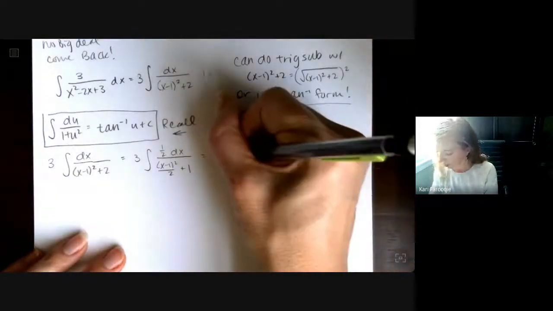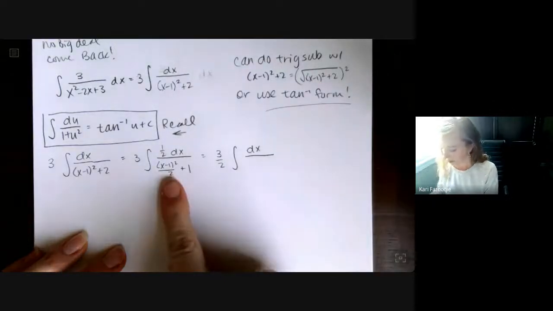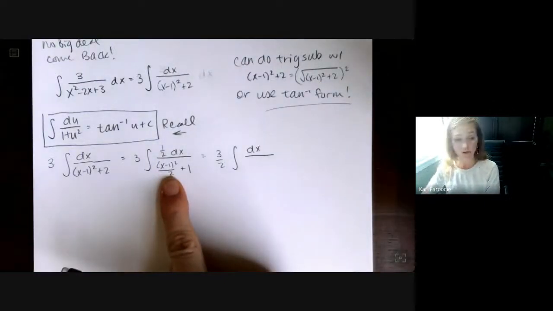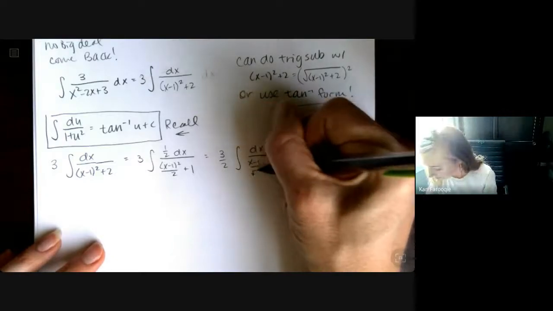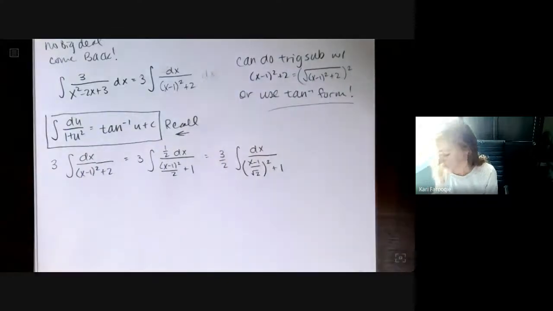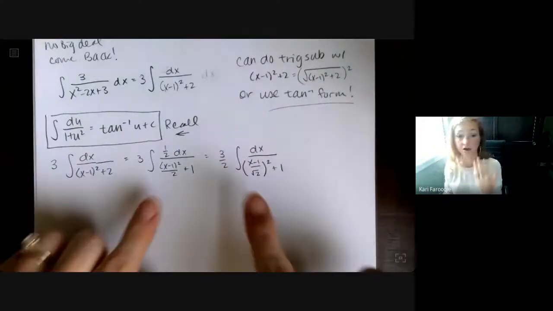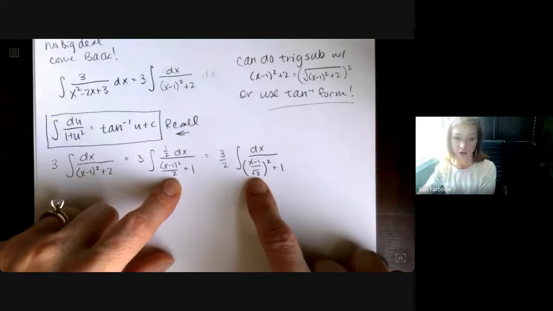I'm going to pull the 1/2 out front. And then remember that if I want this entire quantity to be squared, I need to also square root the denominator so that I can then square it. So I'm going to go ahead and say this is x minus 1 divided by the square root of 2 quantity squared. And now I haven't changed it. I've just rewritten it so that the whole fraction is being squared and not just the numerator.